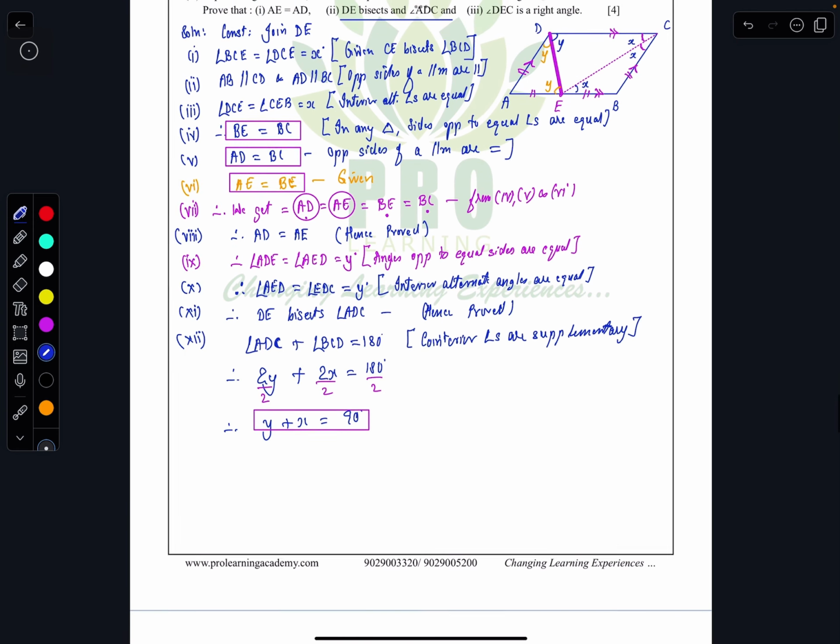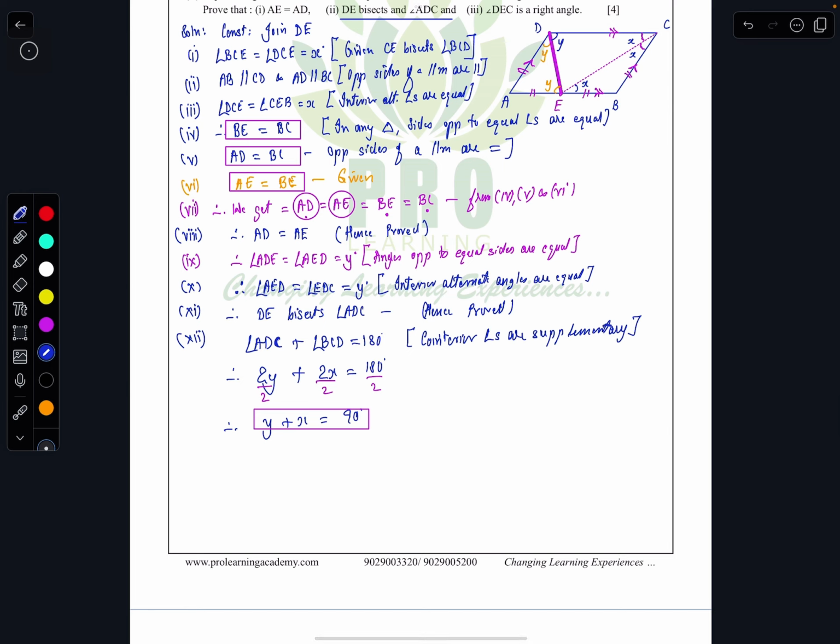We move to the next part now. That is statement number 13. We are saying in triangle DEC, y plus angle DEC plus x together makes 180 degrees. The reason is angle sum property of triangles.